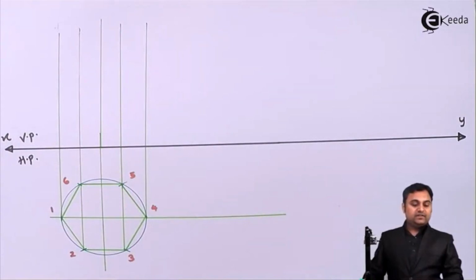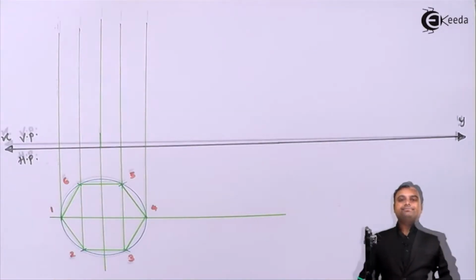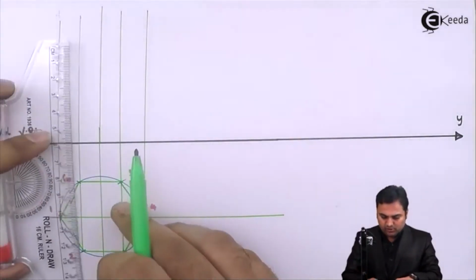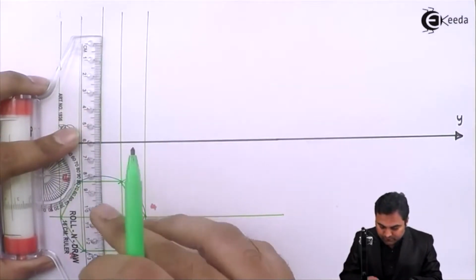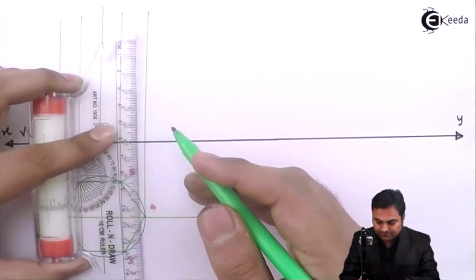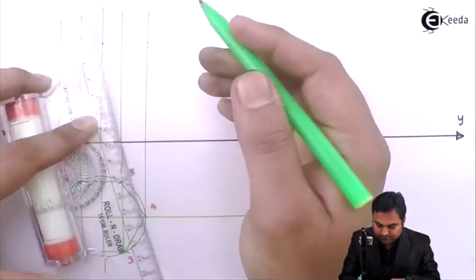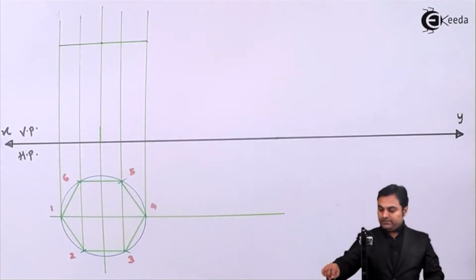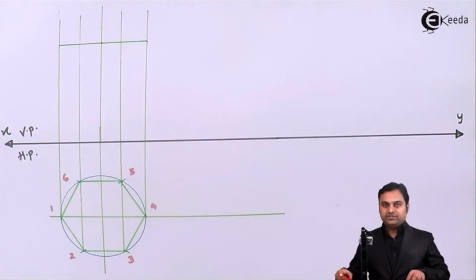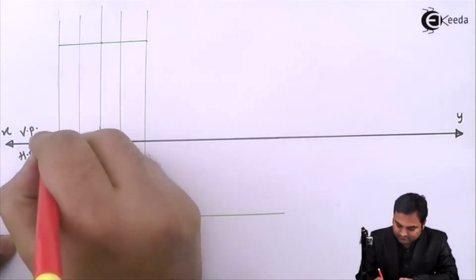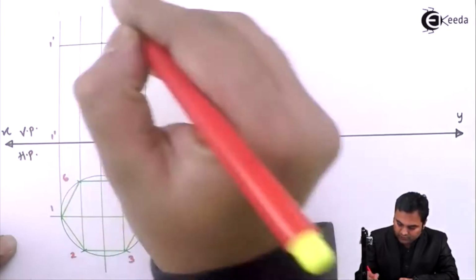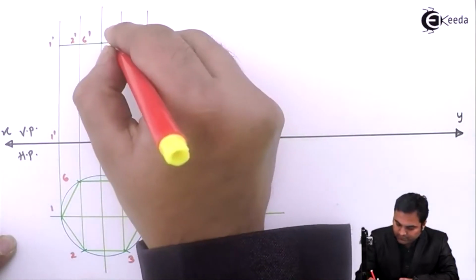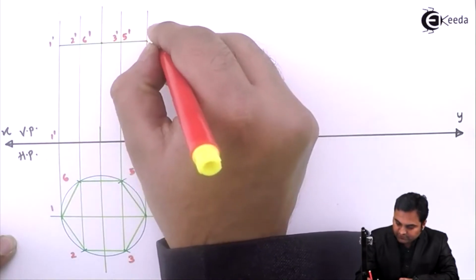Now the height is given as 60 mm. Here I'll mark the height of the prism. It is given as 60 mm long. So here I am going to mark 60. Drawing a light line. Next, I'll write the notations here as well. In the front view, 1 dash, 2 dash and 6 dash, 3 dash, 5 dash, 4 dash.